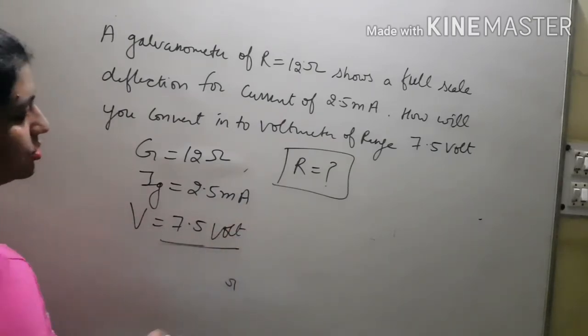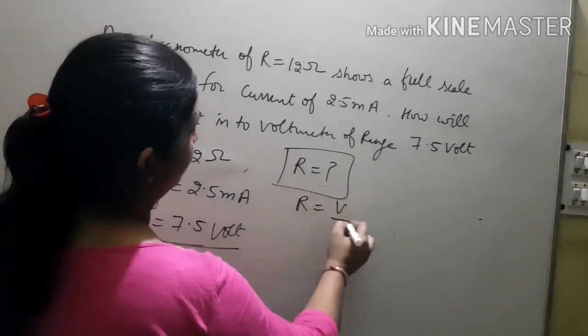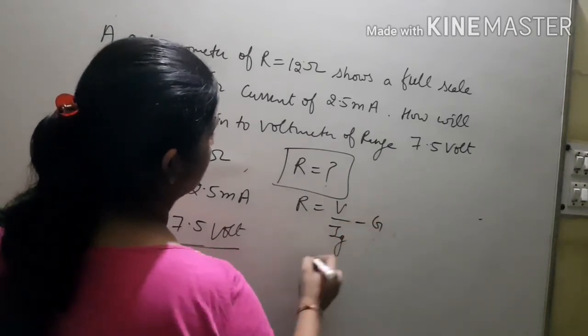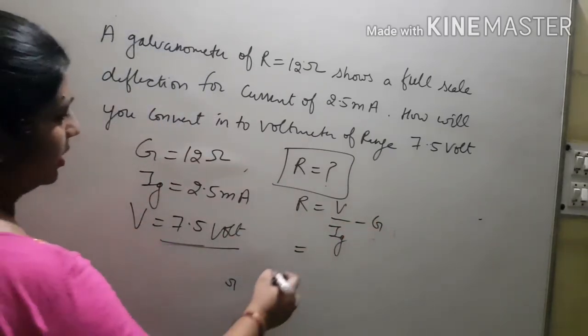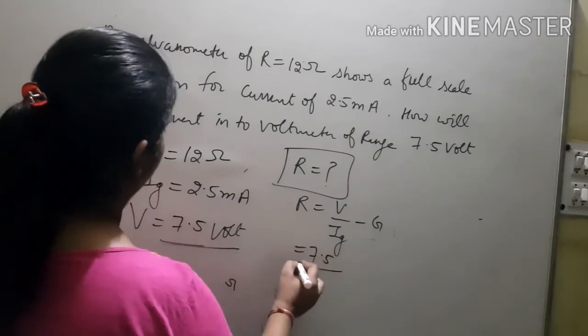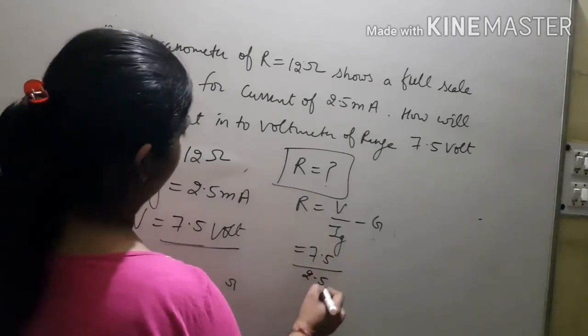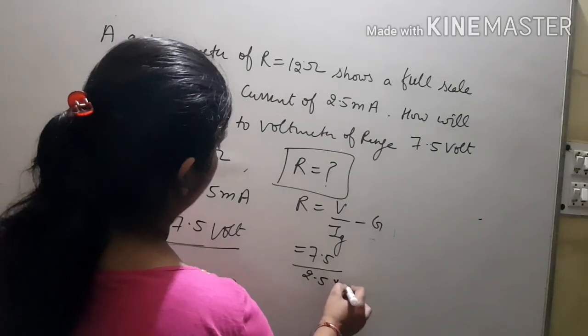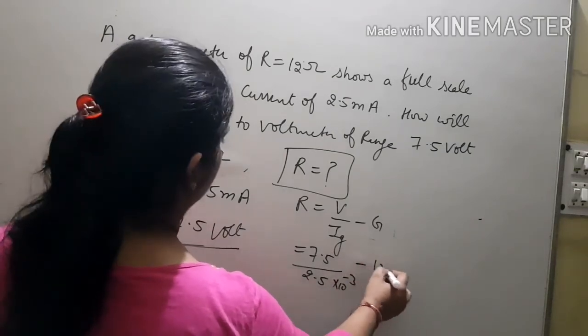Okay, so as you know the formula is R is equal to V by Ig minus G. So I am putting the values here. 7.5 over Ig, that is 2.5 milliampere, means 10 raised to power minus 3, minus 12.